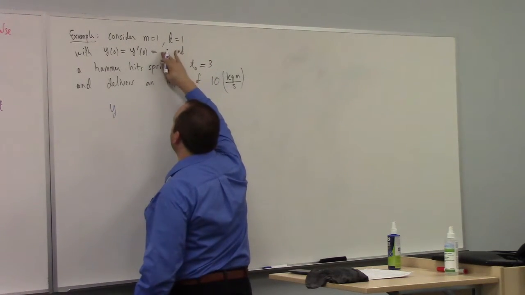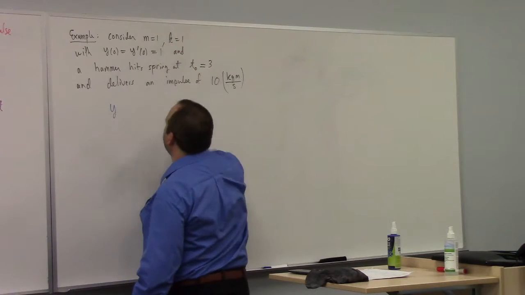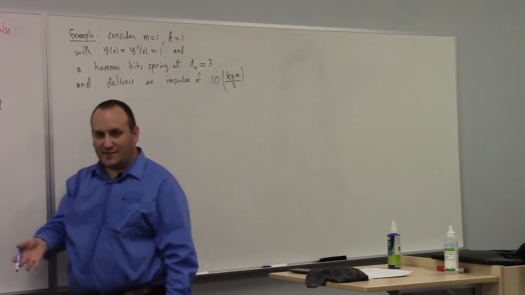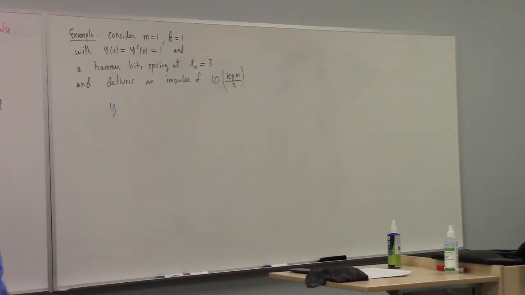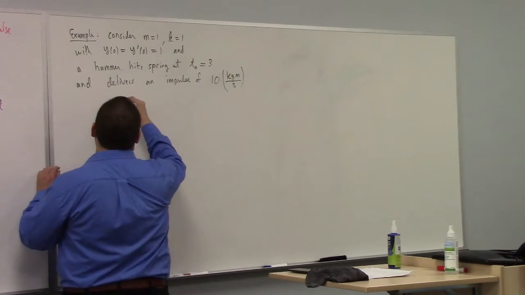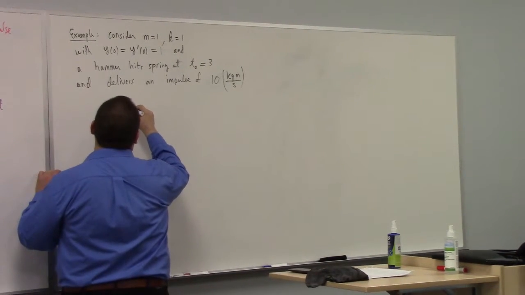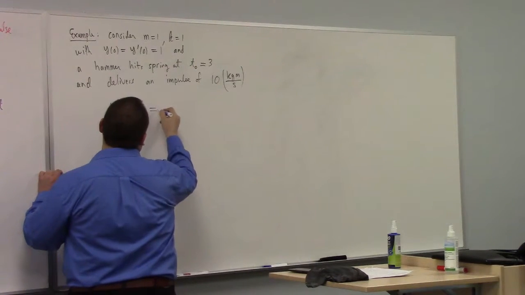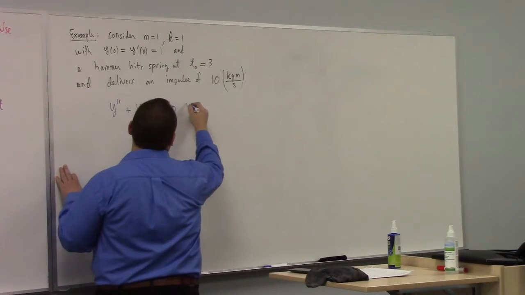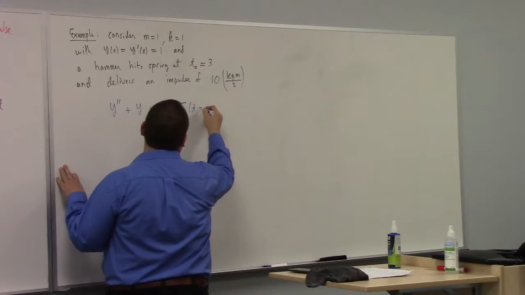It's more exciting if we do it that way. Fine, I'm going to regret that, but we need the practice, so let me do it. Fine. So our differential equation is y prime prime plus y equals 10 delta t minus 3.